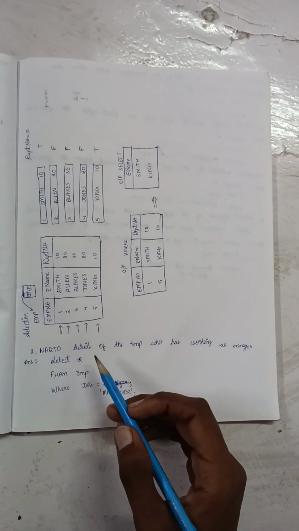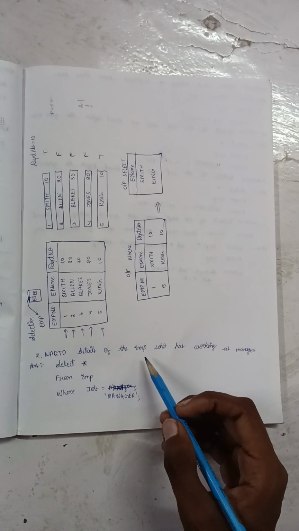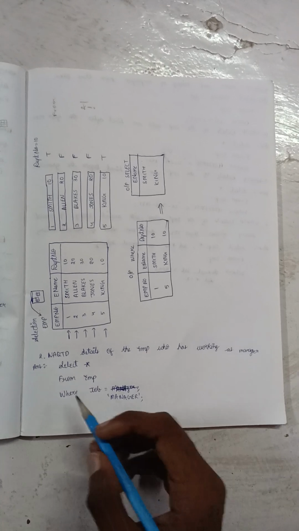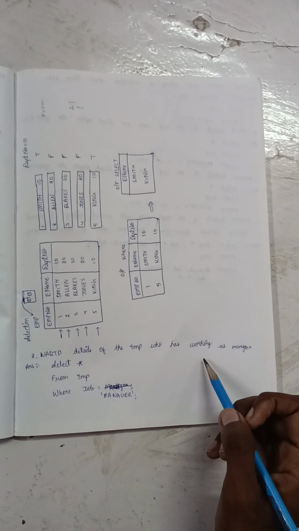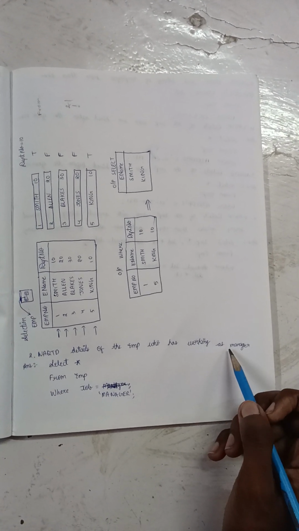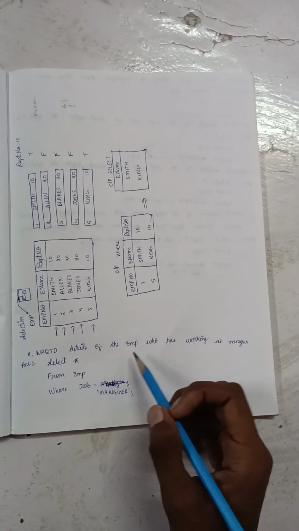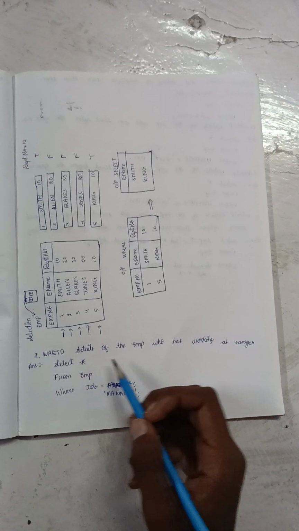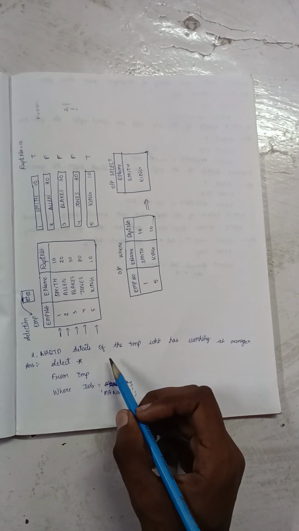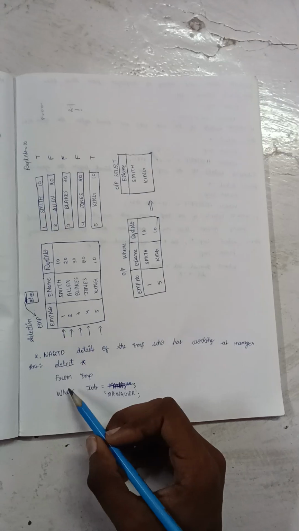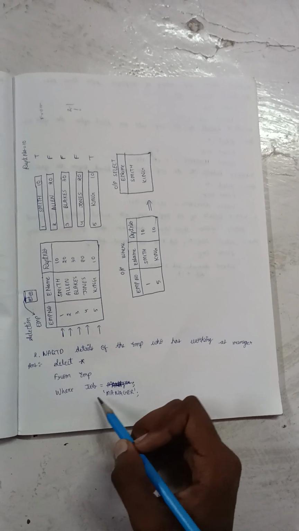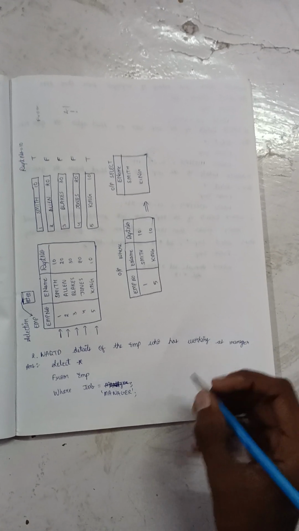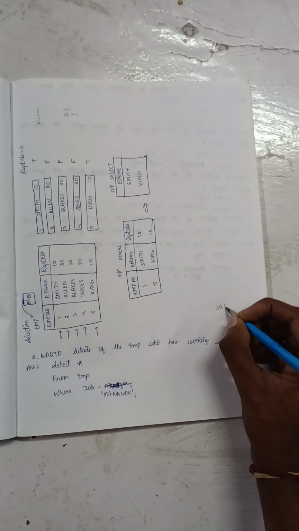Write a query to display details of employees who are working as manager. We want to display the employee details who are working as manager. So SELECT * from the employee table WHERE job = 'MANAGER'.